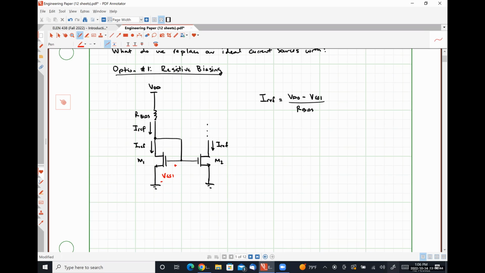Okay. Because M1 has to be in saturation because it's a diode connected device, we know that VGS1 will be equal to VTH plus the square root of twice IREF over UN C ox times the aspect ratio of transistor M1.